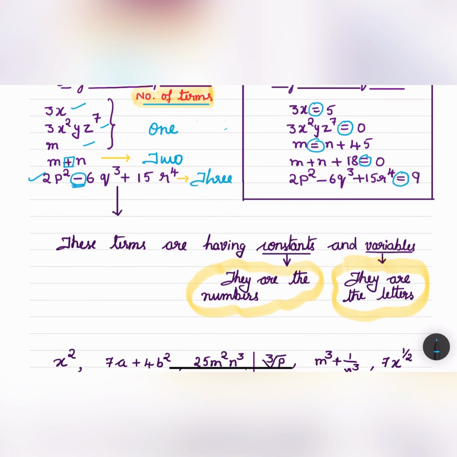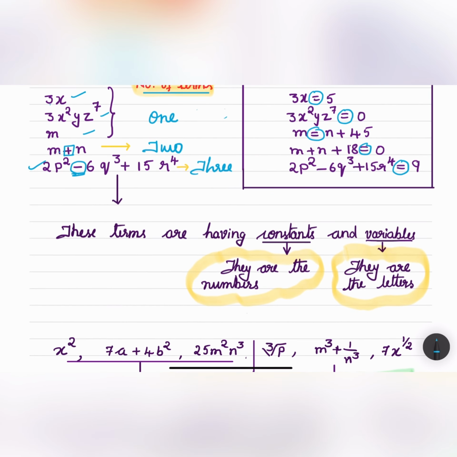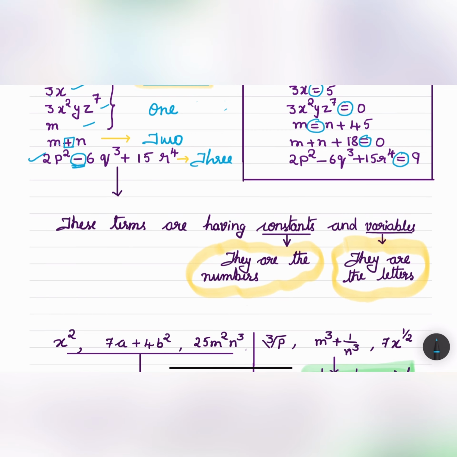These terms have constants and variables. Constants are the numbers and the variables are the letters. The variables can take any value.